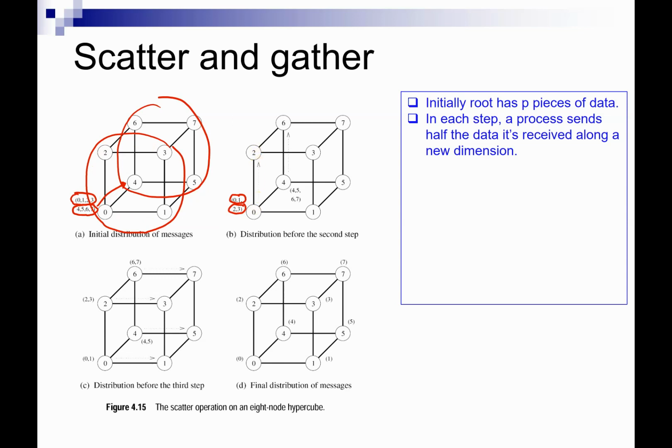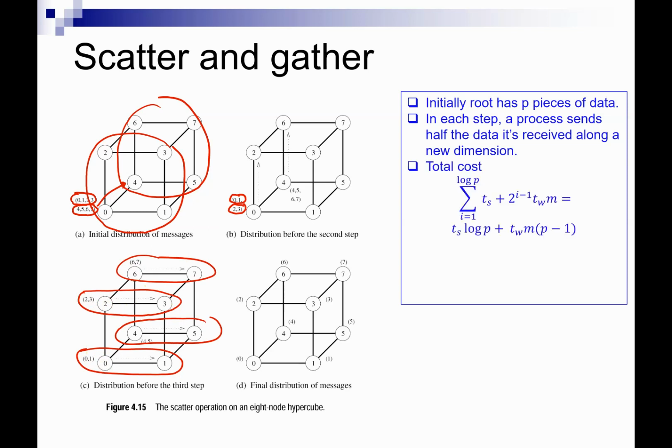After this step, 0 is still going to have the values 0, 1, and 2 is going to have the values 2, 3, and 2 is responsible for doing the scatter in this little hypercube. 0 is responsible for this hypercube, and then 6 is going to take care of this, and 4 does that one. And then in the final step, you just have all of these processes 0, 2, 4, 6 sending to their partner.